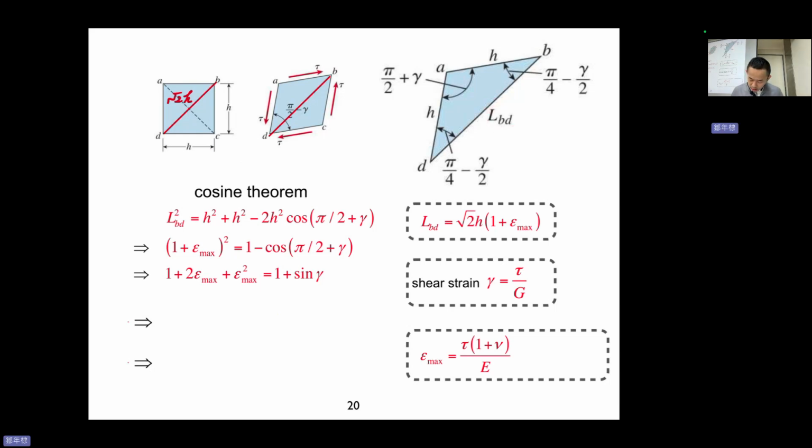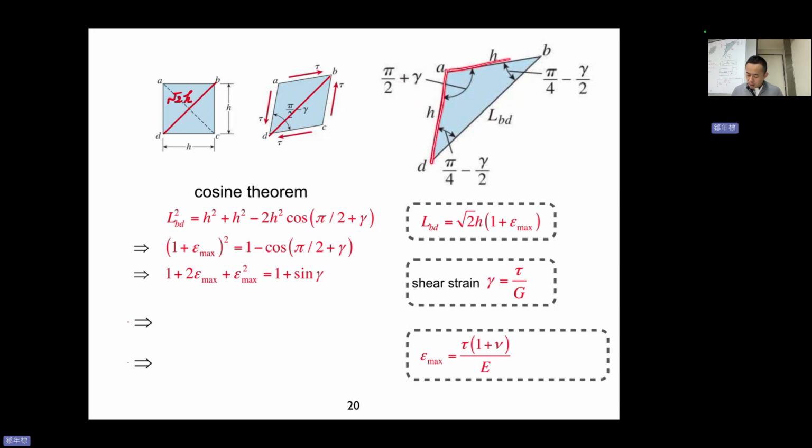So we take this triangle here. BD becomes L_BD, which is longer than square root 2 h, right? It's longer than that. And this angle here is half pi plus gamma, no problem.